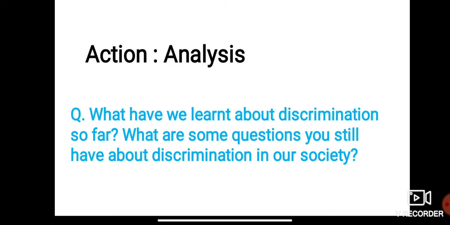So in discrimination, we have learned that prejudice and stereotypes lead to discrimination. Yes or no? And also, we form a negative opinion about those who we think are inferior to us because they may have special needs or may belong to a so-called lower caste.